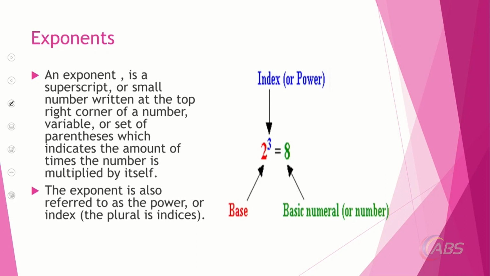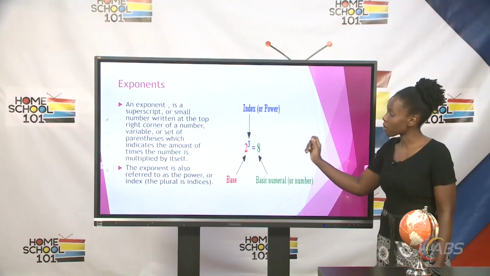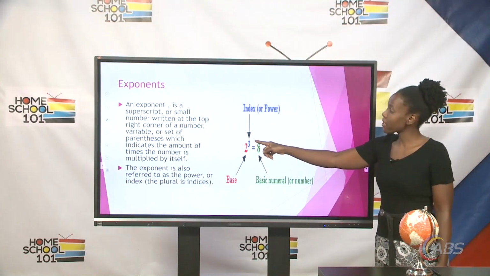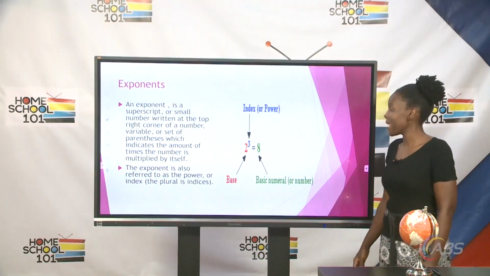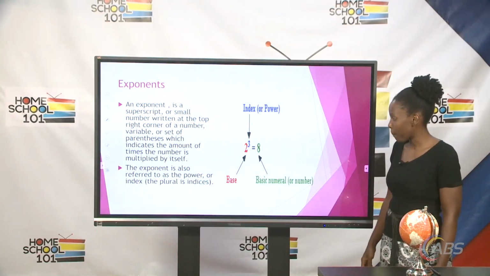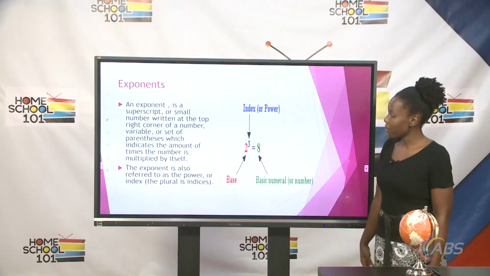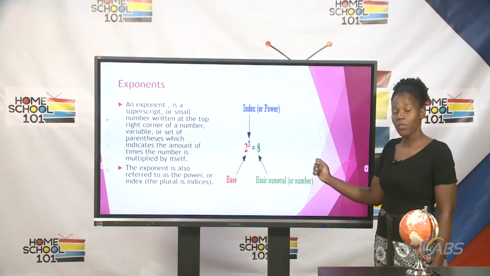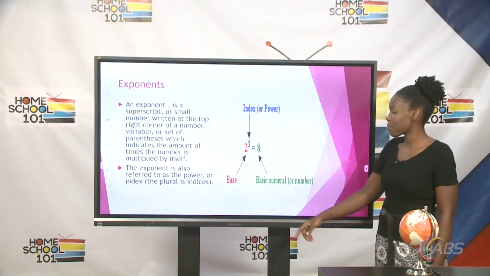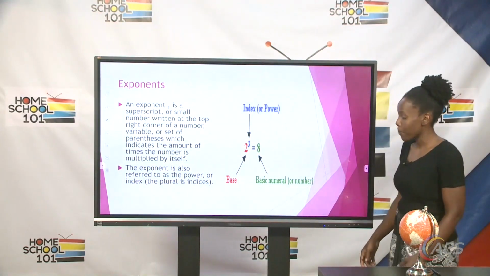So if we look here, we would see we have 2 to the power 3 is equal to 8. We would refer to this number, which is 3, as the exponent. It is also referred to as an index or a power. And the 2 here, we refer to it as the base, and the result, which is 8, we refer to as the basic numeral or number.